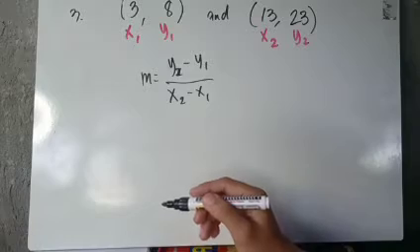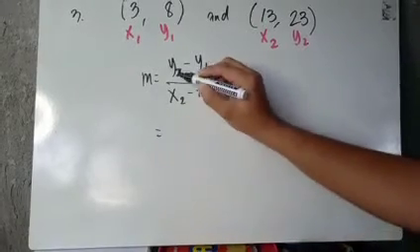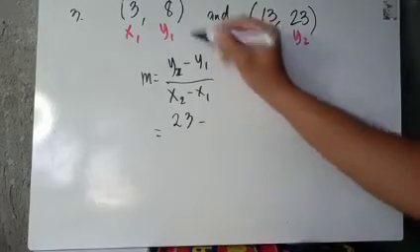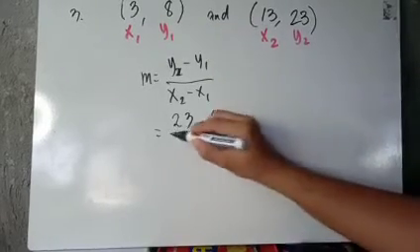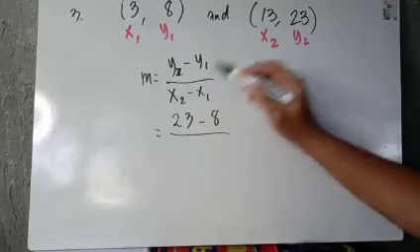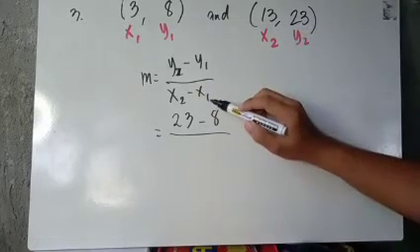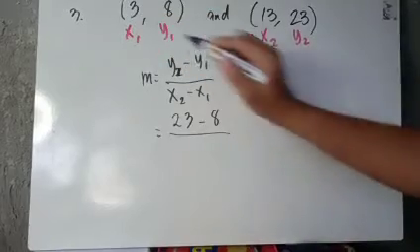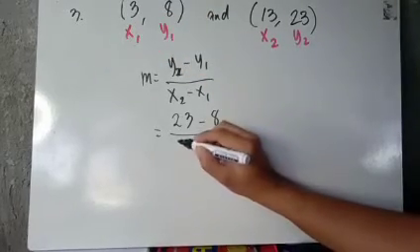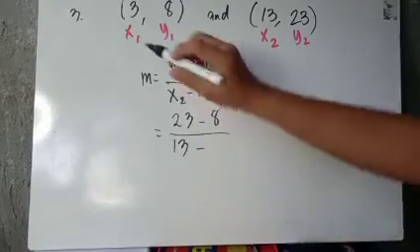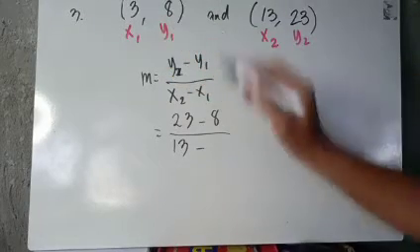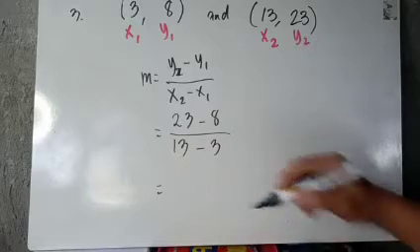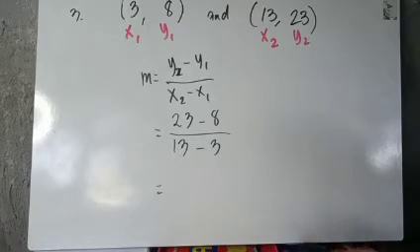And then substitute. So yung y sub 2 natin is 23, y sub 1 is 8, 23 minus 8 na yan, and over x sub 2, that is 13, and then x sub 1, which is 3, sorry. So, x sub 2 natin is 13, minus yung x sub 1 natin is 3. Ayan. And then, we're going to change the sign.